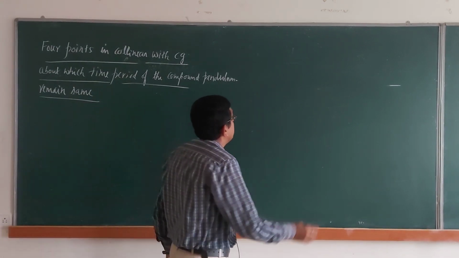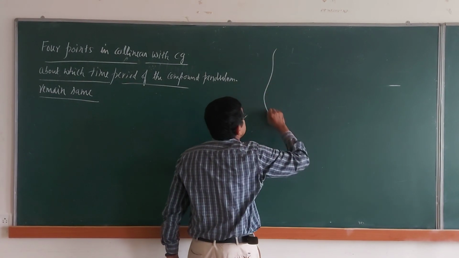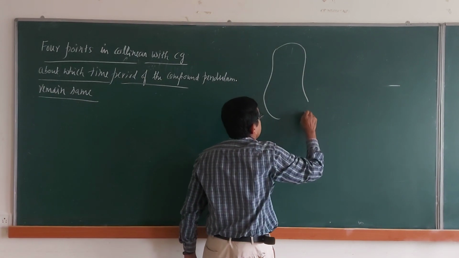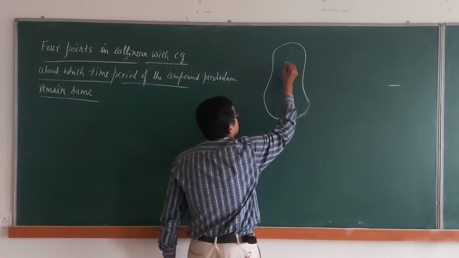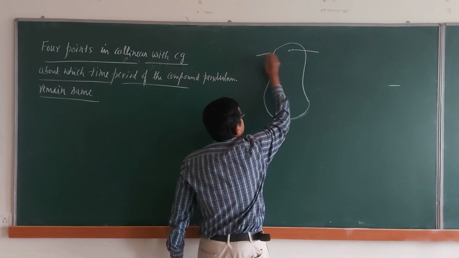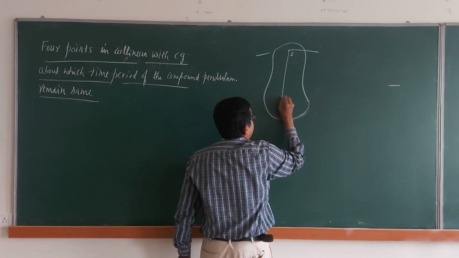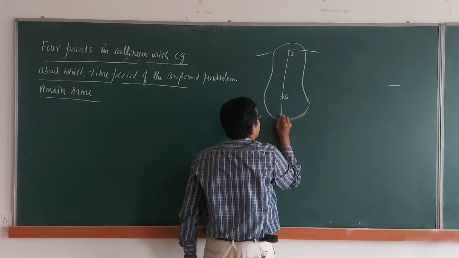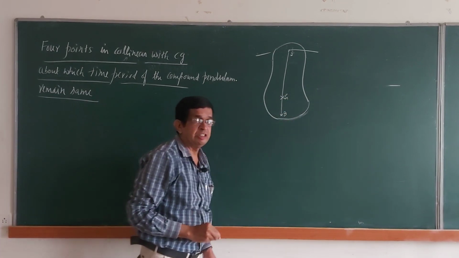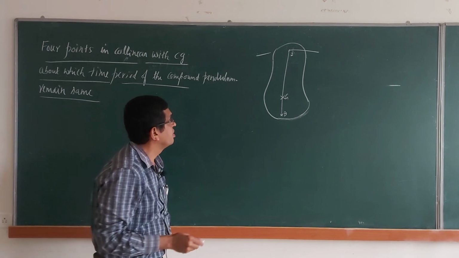Now, let us assume that this is the compound pendulum and it is made to oscillate with respect to S, and we have the center of gravity, and this point is the center of oscillation.